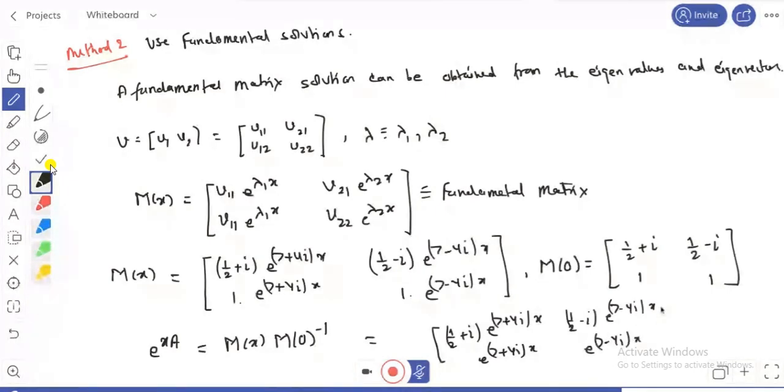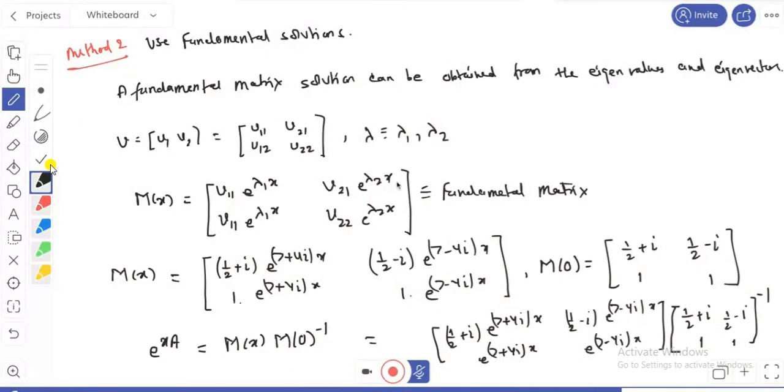This is your matrix, and here you have to find the inverse of that and multiply by that too. If you multiply this, you get the same solution.